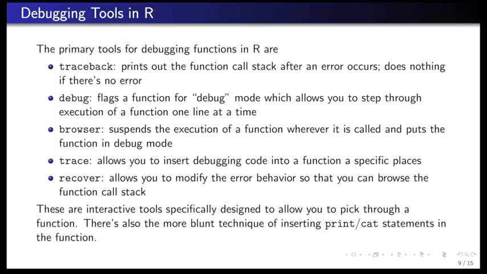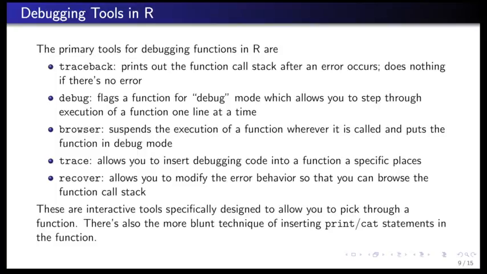It's actually, I should put it up here. It's related to the traceback. What recover does: normally when you get an error, you usually get a message saying what the error was, and then the console comes back to you, and you can just enter more commands. You can do whatever you want, but execution of that function stops, and you get the console back. That's the default behavior.